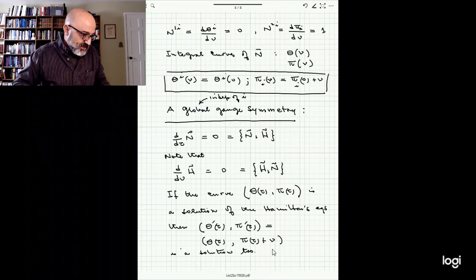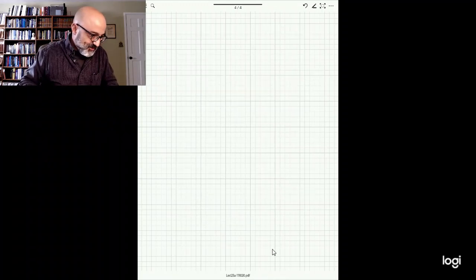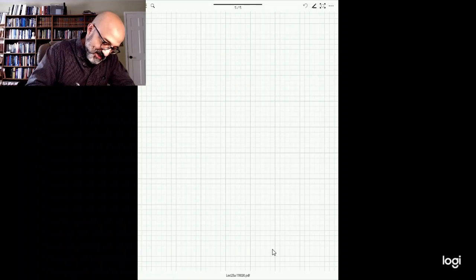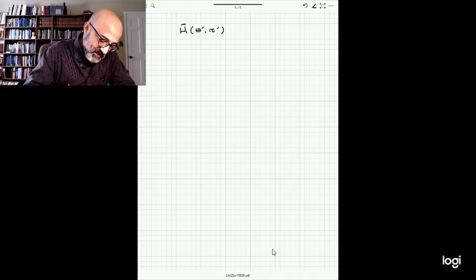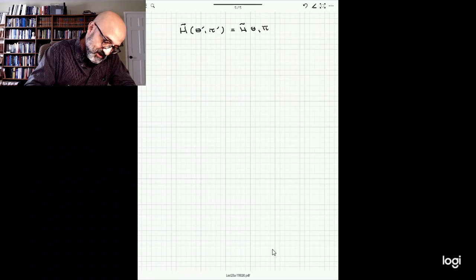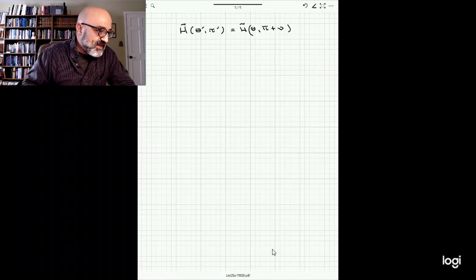Very good. The proof of this is fairly automatic. All you have to say is, look, if you have the Hamiltonian function and you evaluate at the new points, well, this is going to be, by definition of what the new points are, just displace the momentum.